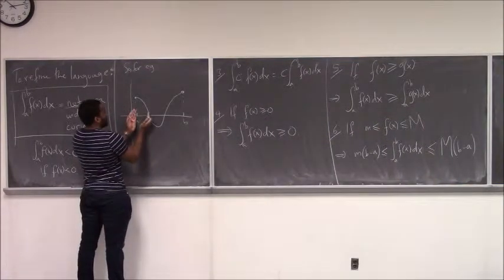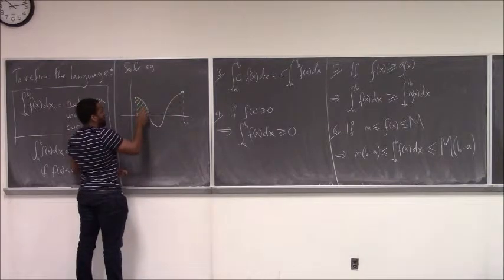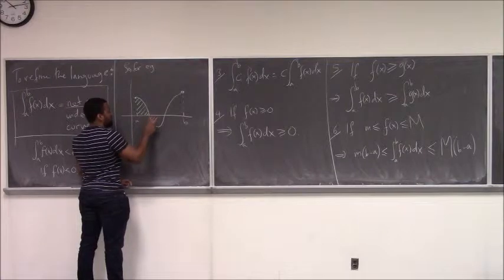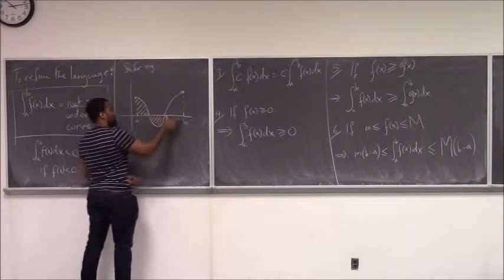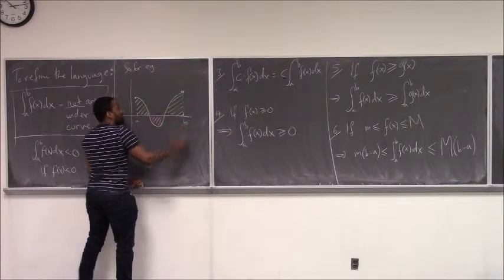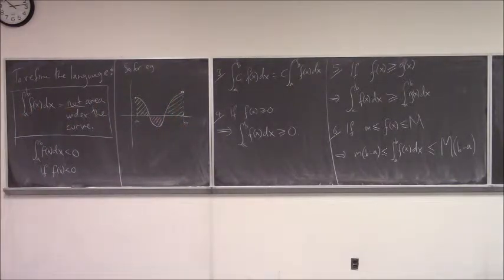Integrating from this guy to this guy will give you the area here. Integrating from this guy to this guy will give you the area here. And integrating from this guy to this guy will give you the area here. I want you to realize that the green parts will return to you a positive answer, whereas the red part will return a negative answer.